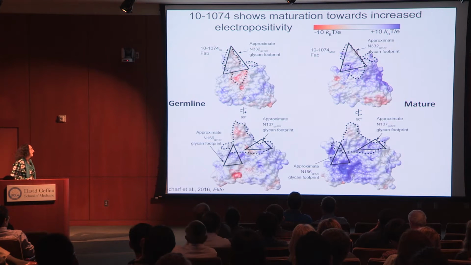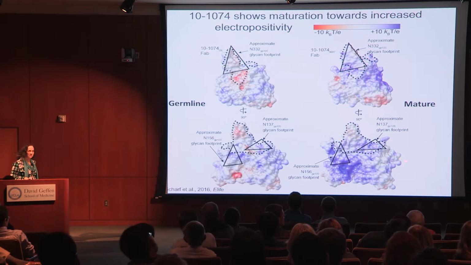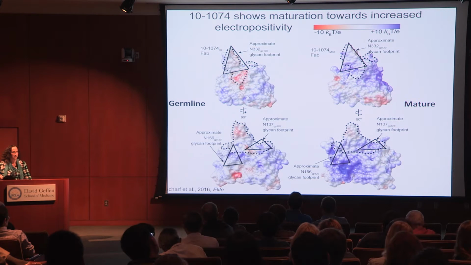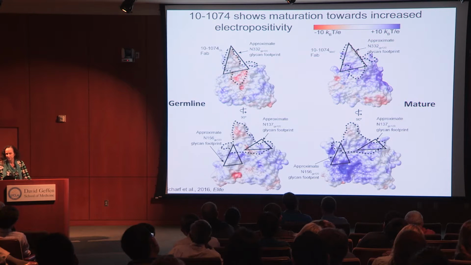So we're thinking that as a general thing, what somatic hypermutation has to do in making antibodies against this very heavily glycosylated protein is to become more electropositive because the complex type glycans are electronegative. So we're thinking that that's one thing that needs to be thought about when you think about how to raise these antibodies in vaccine trials and so on, is that the antibody needs to somehow accommodate the fact that the antigen it's recognizing has a cloud of negatively charged sialic acids on it in certain places.